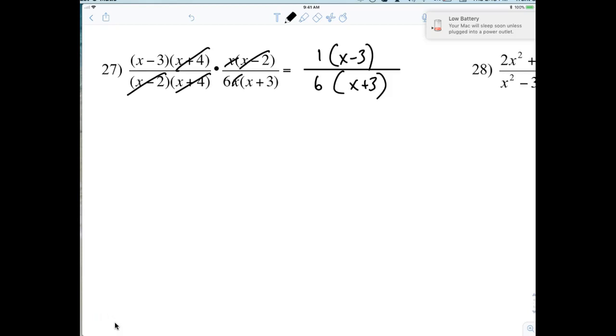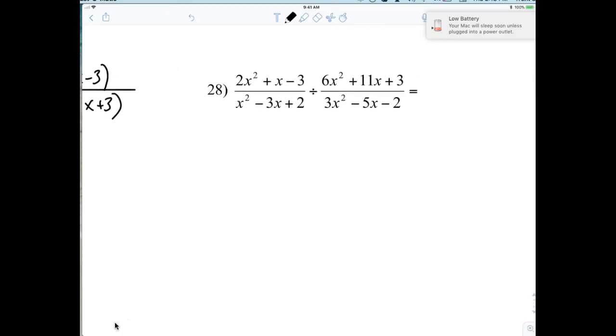All right, let's check out 28. Here we go. Now again, here's where we're going to be smart. On the first fraction, I'm going to factor the denominator first into x minus 2 and x minus 1. Again, the numerator, 2x and x, 3, 1, plus, minus.